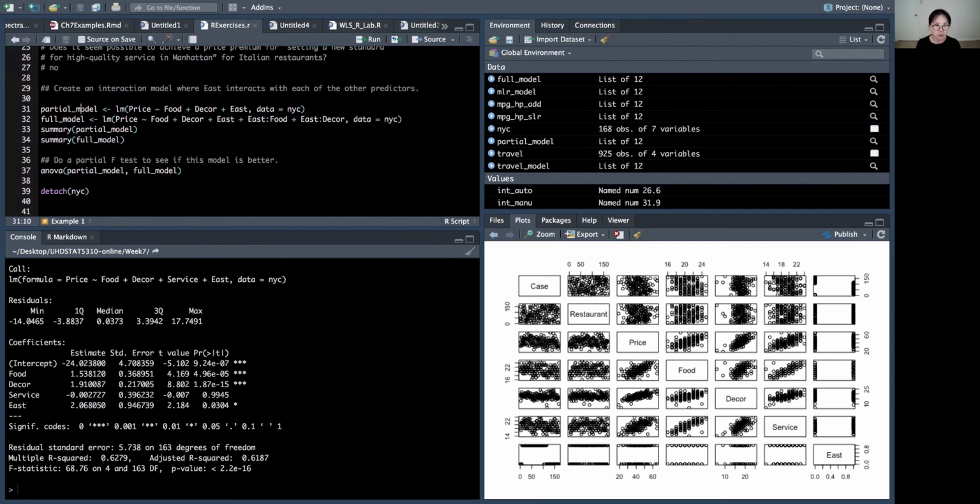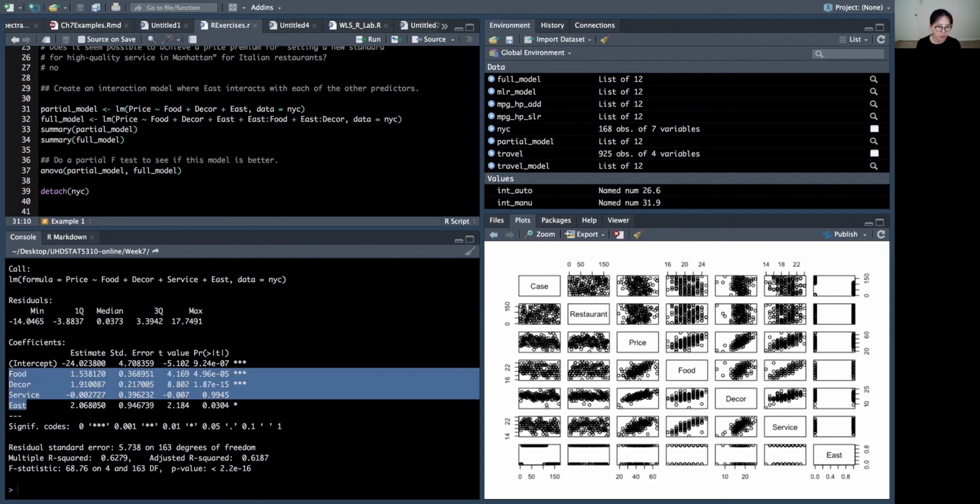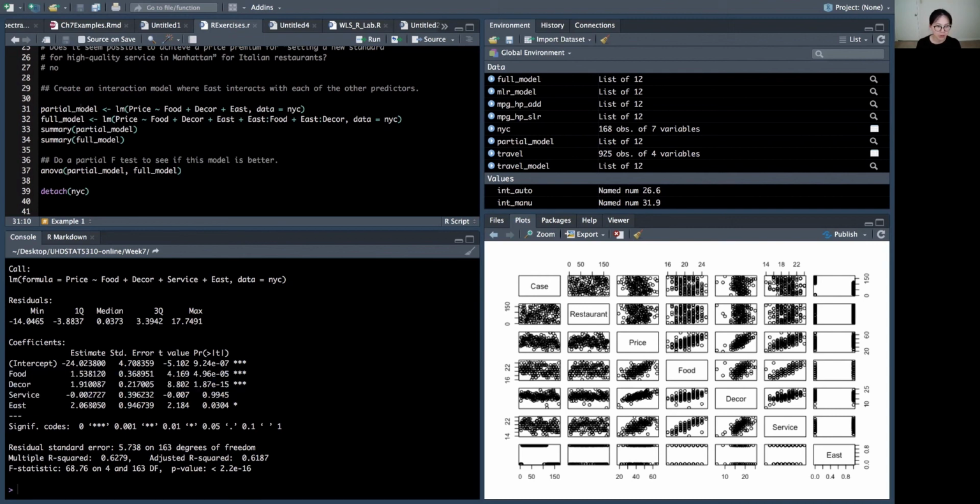Remember when we did this multiple linear regression, we saw that the predictor service was not significant. So we will consider removing that for our partial model.